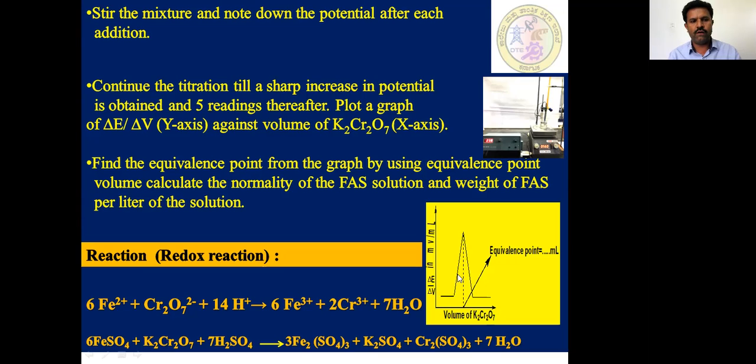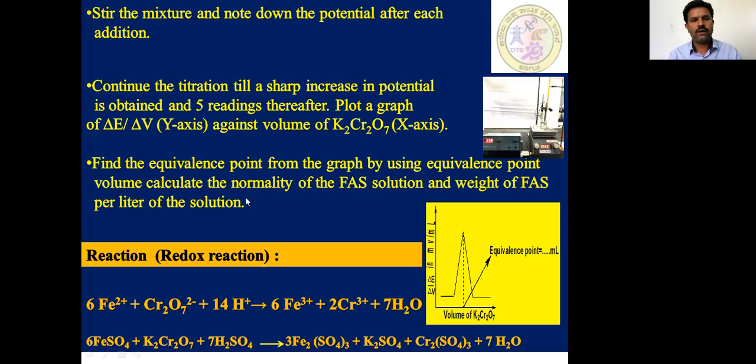And from this graph, we can get the equivalence point. That means the volume of potassium dichromate solution required for complete reaction. So that is the end point or equivalence point volume. You can get it from the graph.